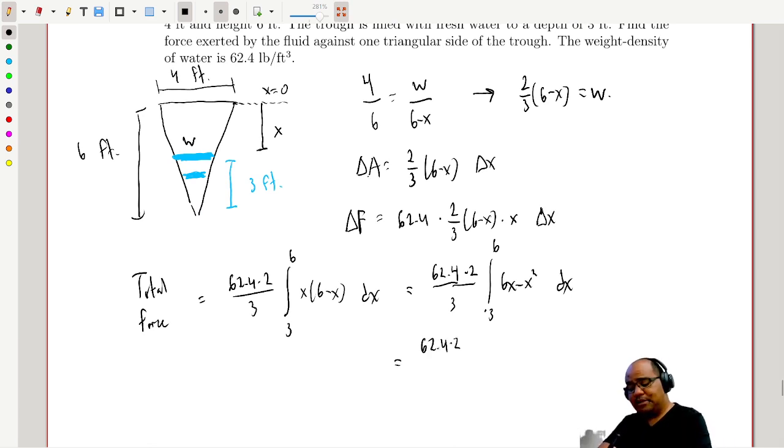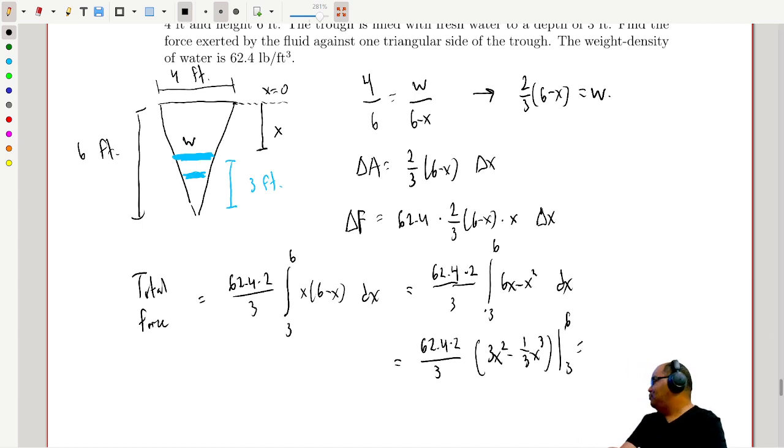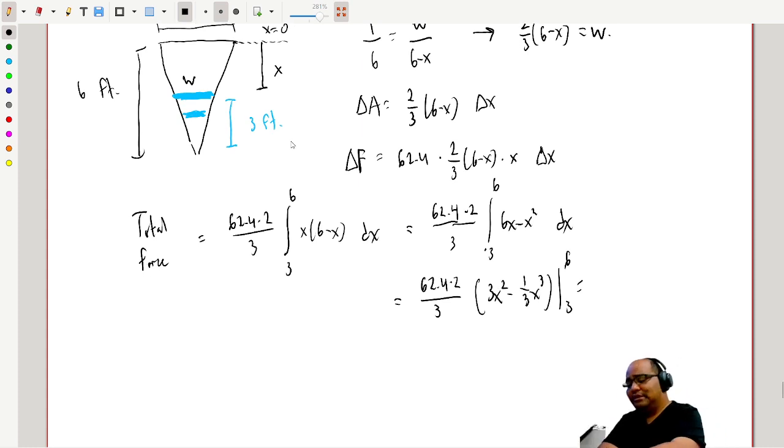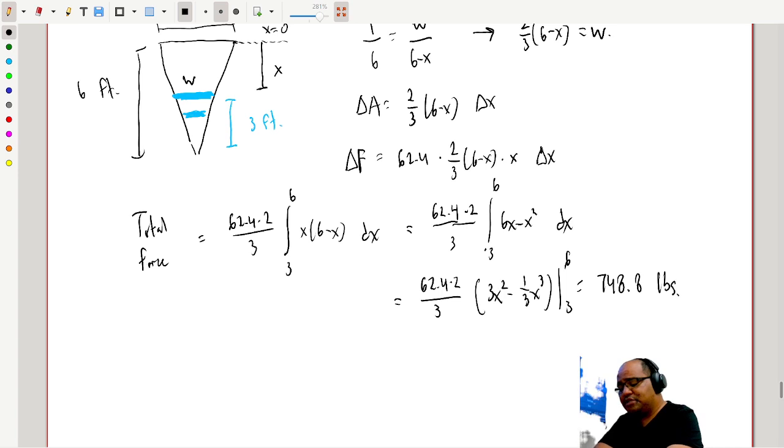Then we use the power rule here: 3x squared minus 1/3 x cubed. And in the end, what do we get? We get a number, which you can check with your favorite calculator, something like 748.8 pounds of force on one side of the tank.